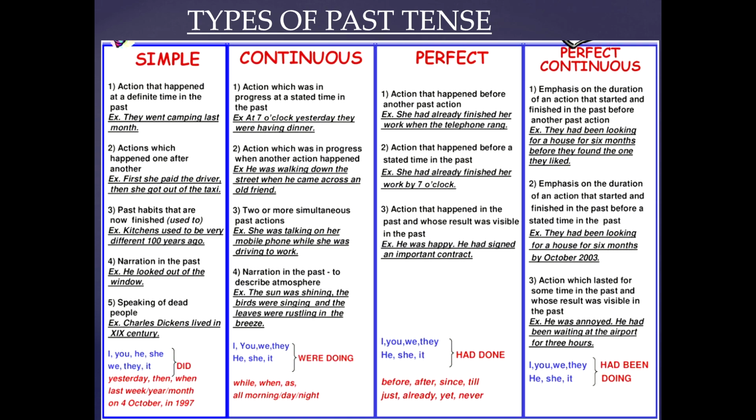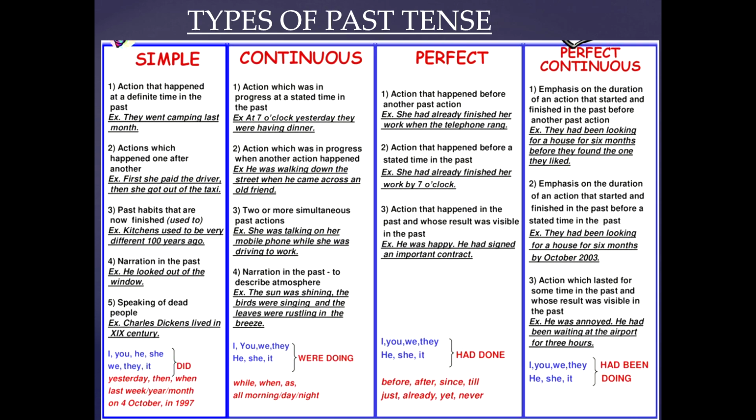So actually they found the house they wanted, but before that some action was in progress, it was continuous, right? What was the action that was continuous? They had been looking for a house for 6 months. So that action was continuous before the other action happened, which was they found the house they liked. So here also we have to use past perfect continuous tense.